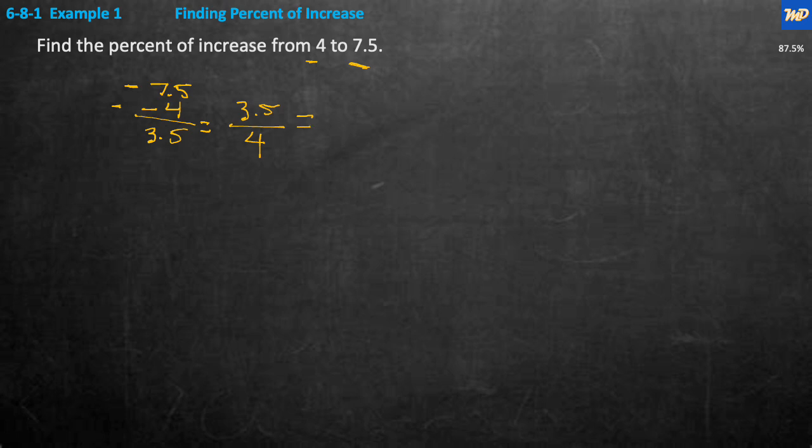I'm not going to do the math longhand, but it ends up being 0.875. And that ends up being a percent. You move the decimal point 2 places to the right, and it ends up being 87.5%. There's our solution right here.